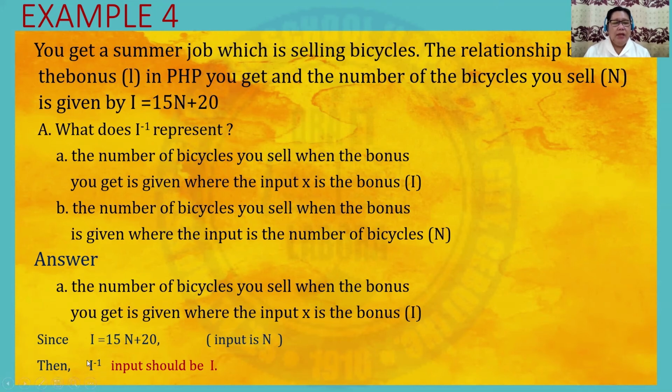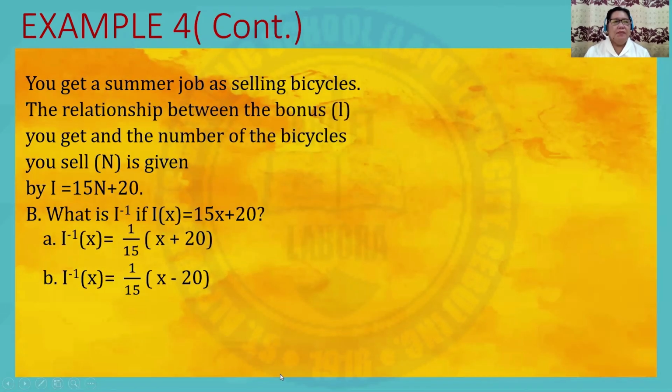Then, for the inverse function, the input should be the I, or the bonus. Next, second question for example number 4. What is the I to the negative 1 if I of X equals 15X plus 20? Is it A or B?